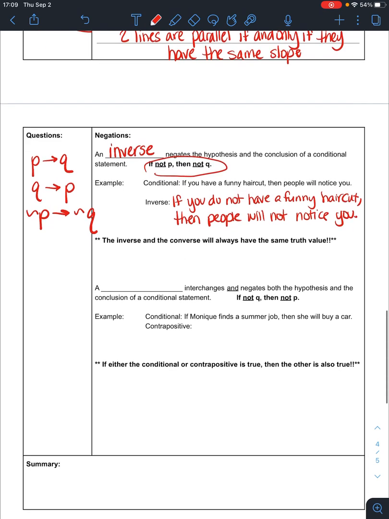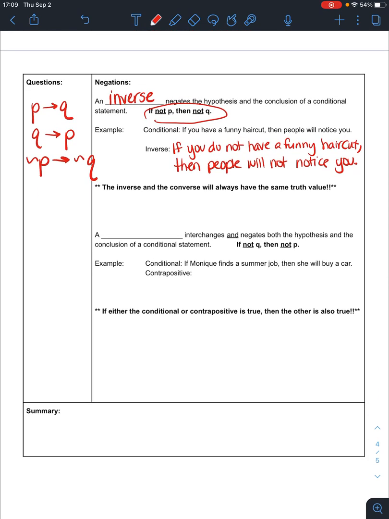Sometimes it is as simple as adding the word not. Sometimes you have to finesse the words, and sometimes if it already says it isn't, then you have to say that it is. That's what negates it. We're changing it from being positive or negative in intent.